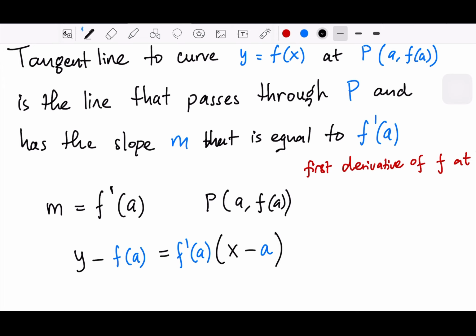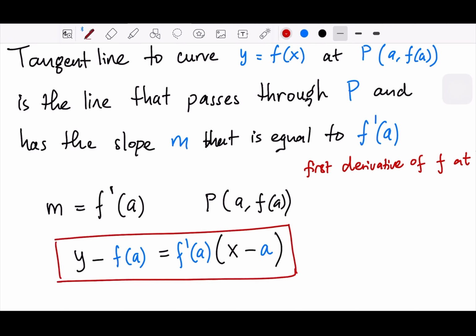You will see a pattern from this later on. So keep in mind this tangent line equation. We are going to see how we connect this to some theorem in calculus, and also applications in graphics. So this is the line equation. Tangent line, or we can say tangent line equation.